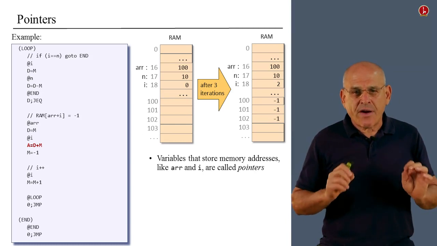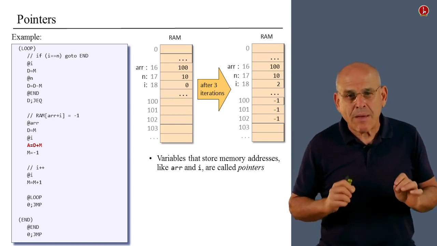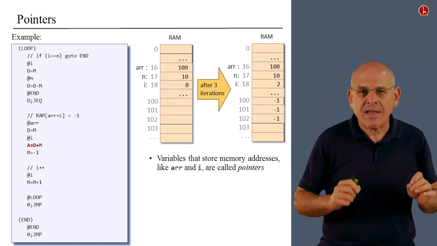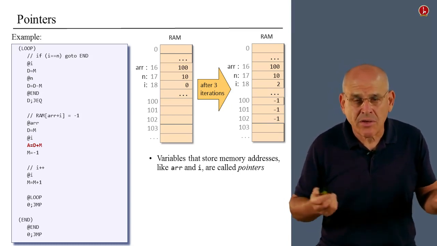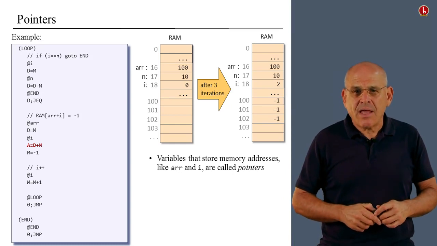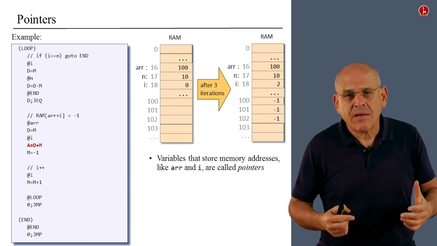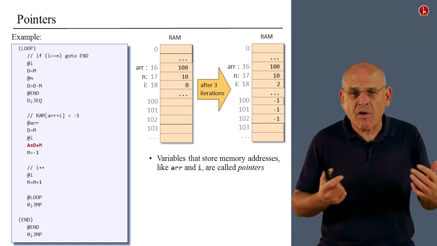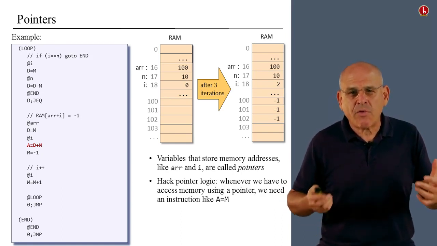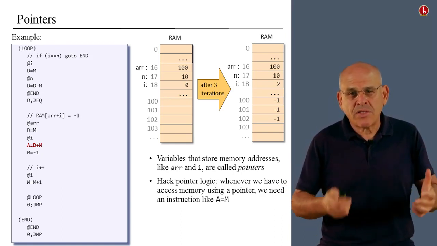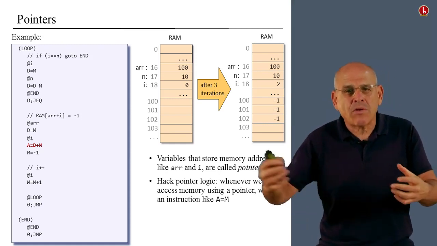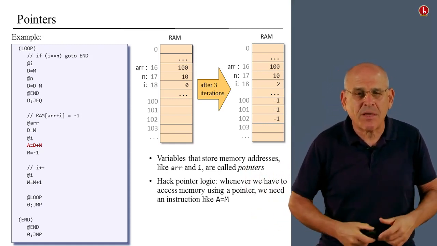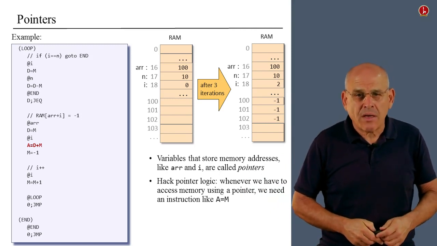So variables that store memory addresses like ARR and I are called pointers in any language, not only in Hack. And in Hack, the typical logic is as follows. Whenever we have to access memory using a pointer, we need some instructions like A equals something that comes from some memory register.